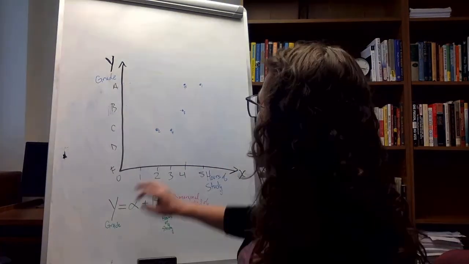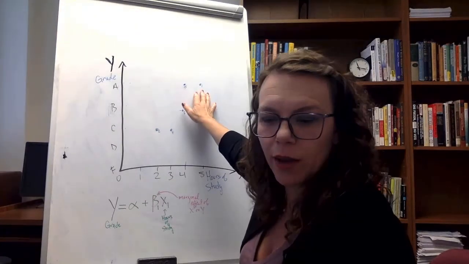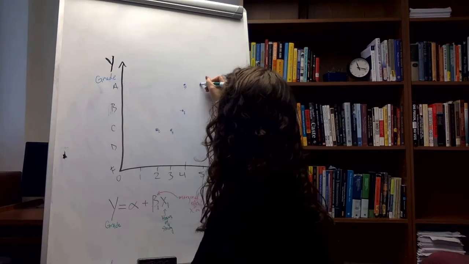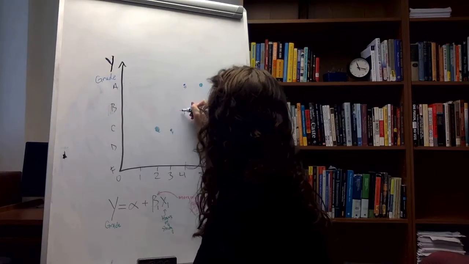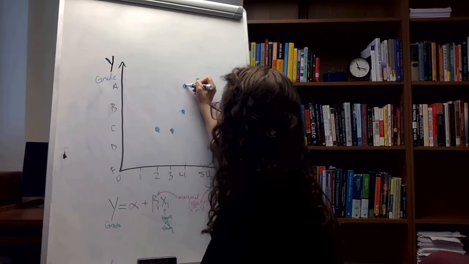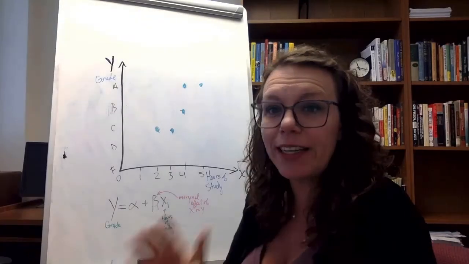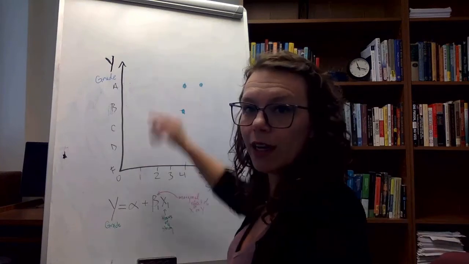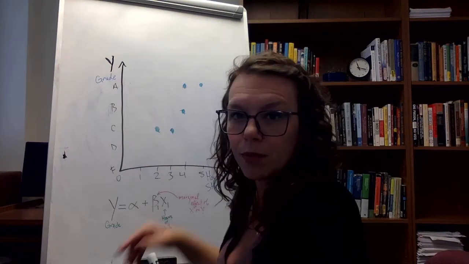And if we look at these points, here, I'm going to put them in green now. I've got my 1, 2, 3, 4, 5 observations. We can see there's a relationship between x and y. It's positive, right? As x goes up, y goes up.